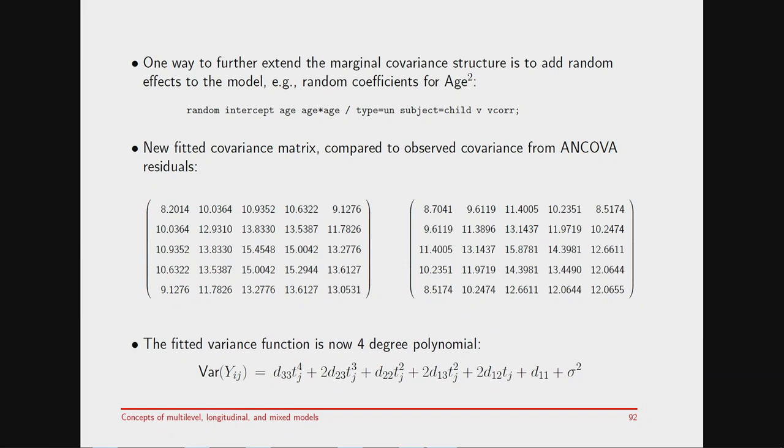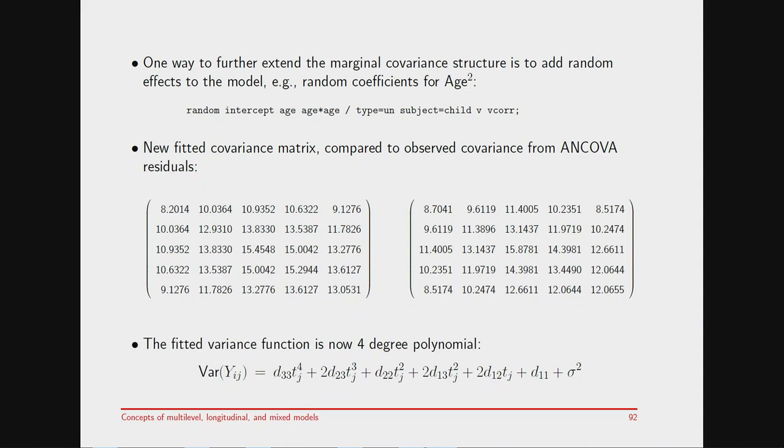By the way, if you would again calculate what is now the marginal variance function, it's again a polynomial, but now it's of degree 4. So if you just have random intercepts, it's a constant. If you have random intercepts and time effects, it's a quadratic function for the variance.